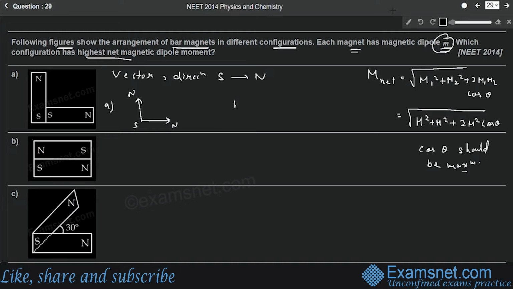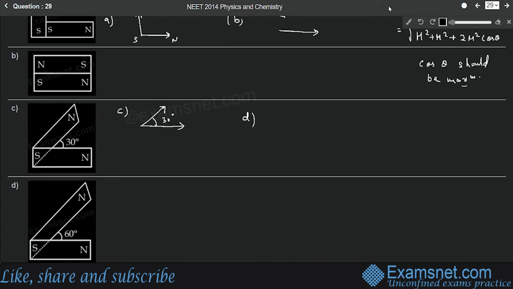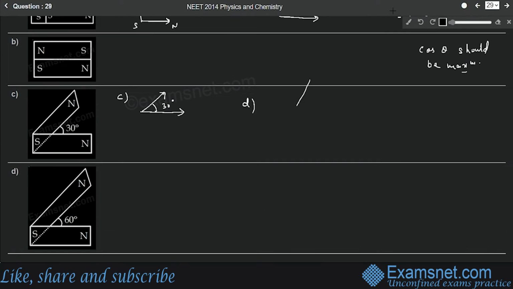And in the second case, it will be in this direction, south to north in the lower portion, and in the upper portion, south to north, that means in this direction. Similarly, for the third graph, it is like this, south to north, and the angle is 30 degree. Whereas the fourth one, you can see the angle is 60 degree, and the direction is the same, south to north.